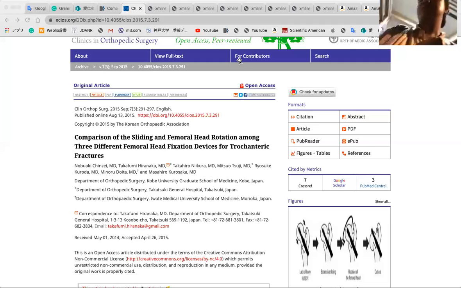This is steeper, a greater anteversion than the femoral neck axis that is defined by the femoral neck center and femoral head center. There is a difference between the two axes. One is the femoral shaft axis and the femoral head axis. This is a greater anteversion.